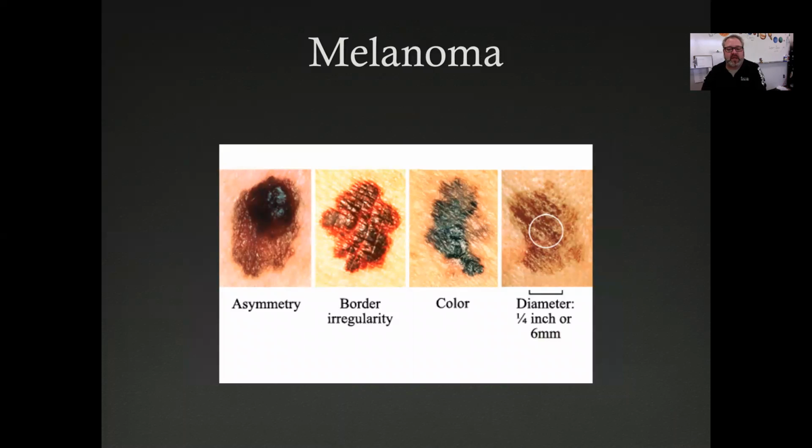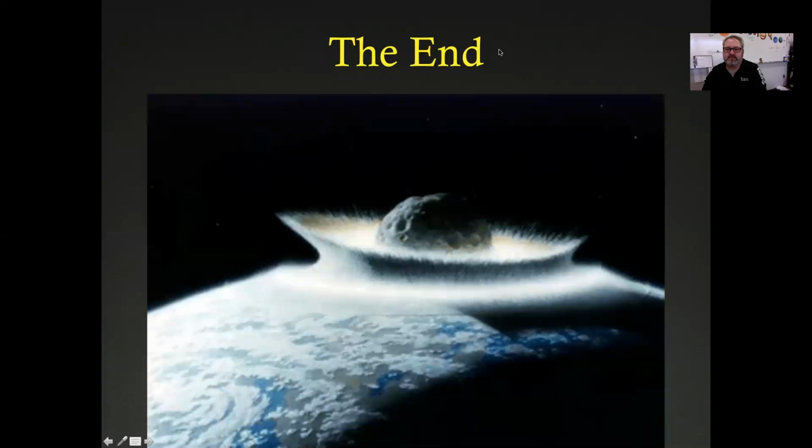Usually what happens is we end up with these skin blemishes that we call melanomas. And if they have asymmetry, meaning that they're not the same shape all the way around, or they have irregular borders, or they're weird colors, or if they're large, there's a higher likelihood of them being cancerous.